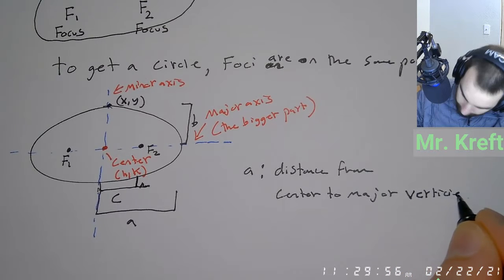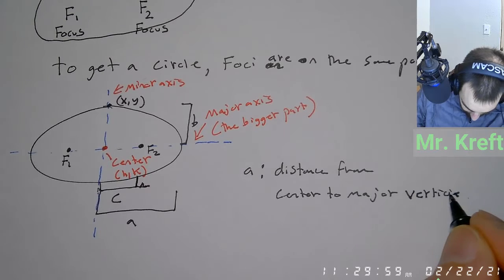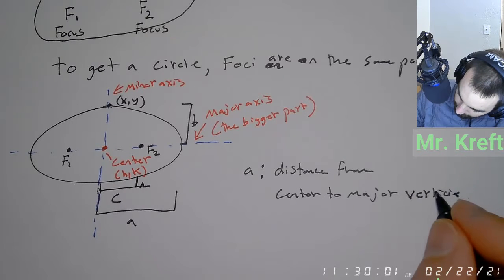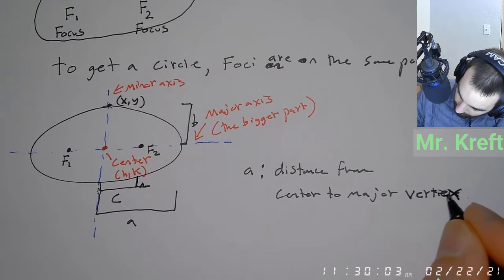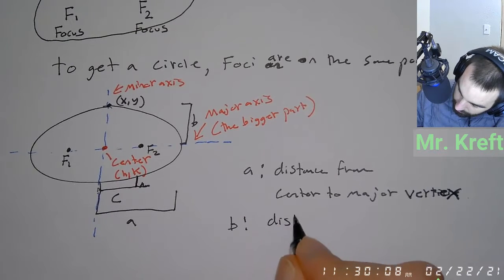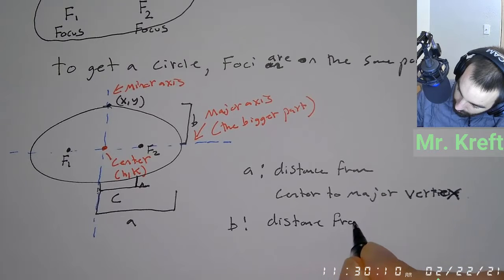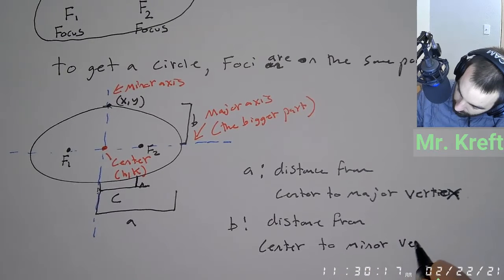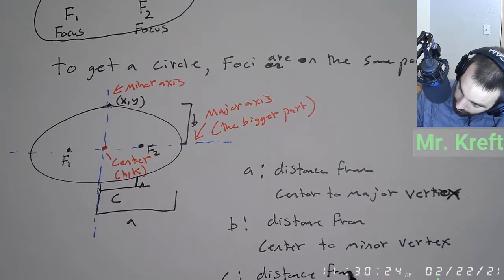Do they call them vertices? Oh, yeah, they do. It's a singular vertex. B is the distance from the center to the minor vertex. And C is the distance from the center to the focus.